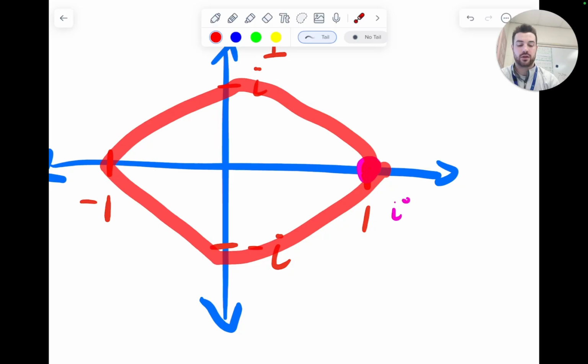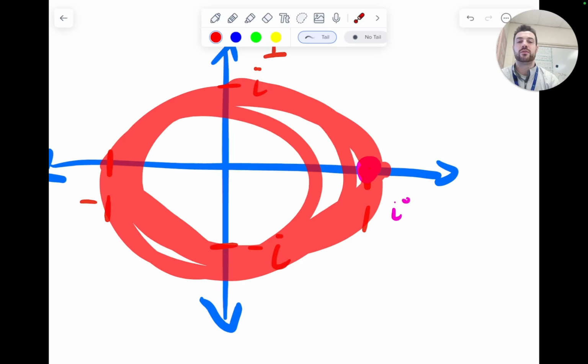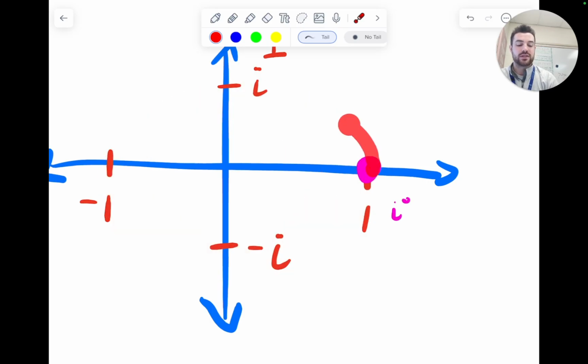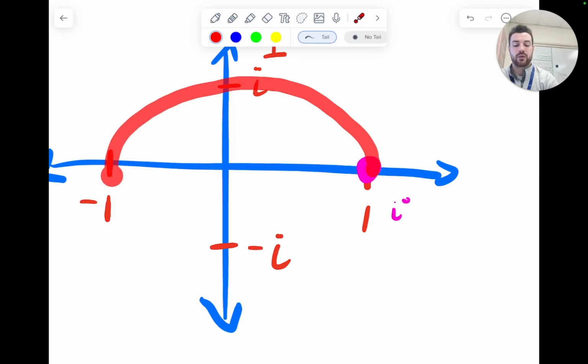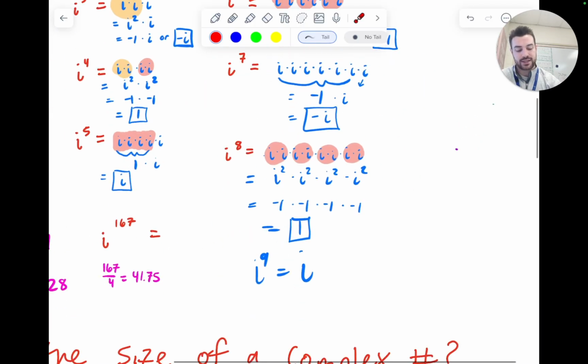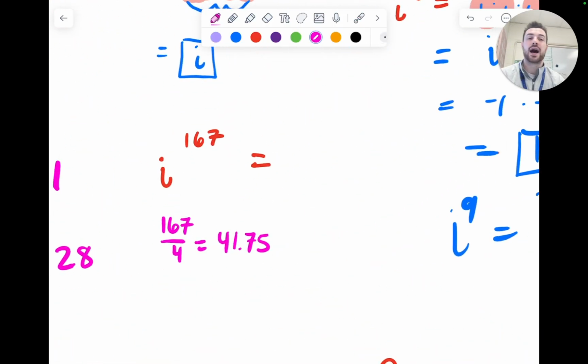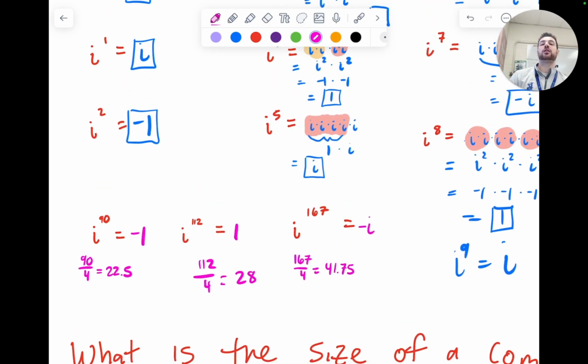That's one trip around. 2, 3, 4, 5, 41 times. But then we're going to go 0.75 of the way around, which ends us right here. It's 3/4 of the circle, which ends us at negative i. So that means i to the 167th power is going to simplify to negative i. And that's essentially how all of these are going to work.